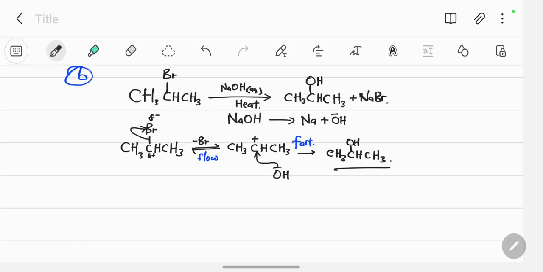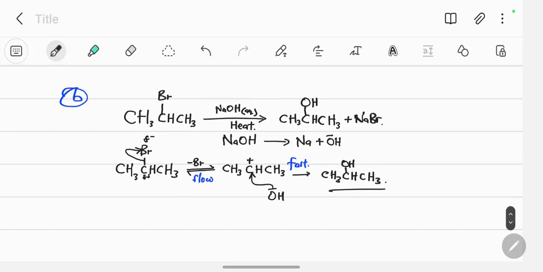With time, I want us to first focus on reactions. So for now, just understand that secondary alkyl halides are having such a kind of reaction there.